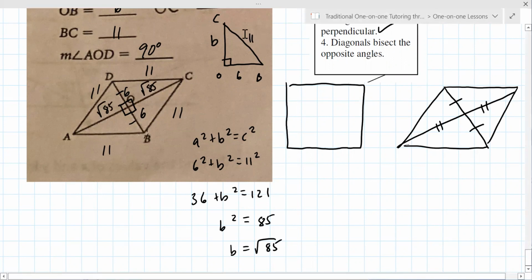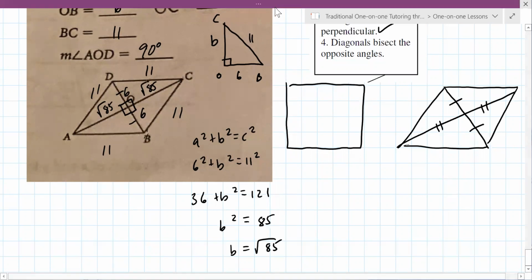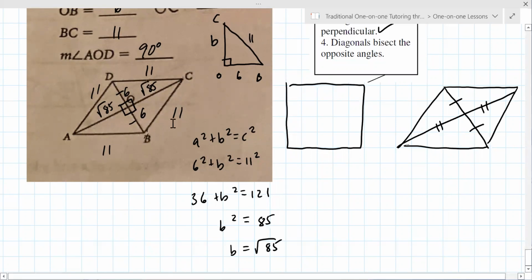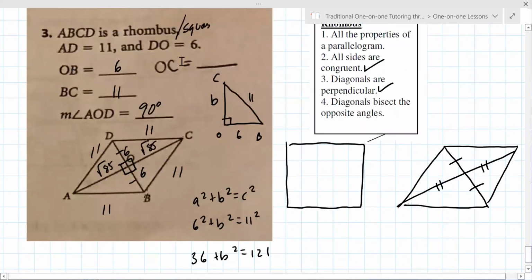So in order to figure out O to C, yeah. Right, because it's not 6.